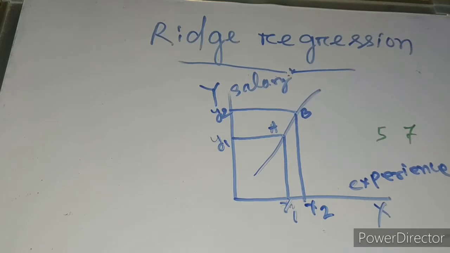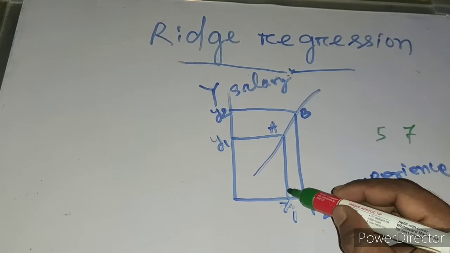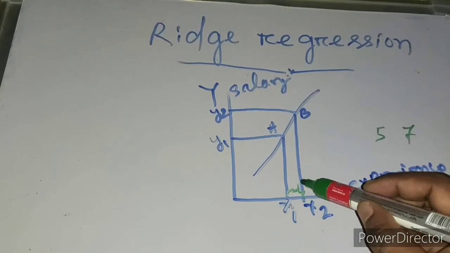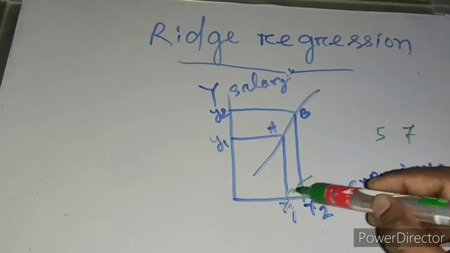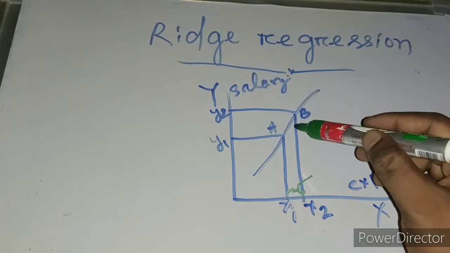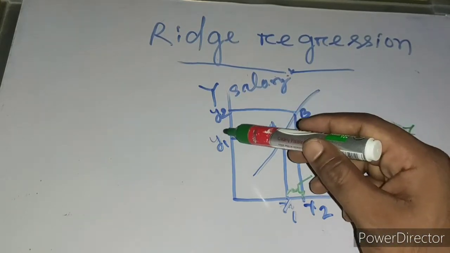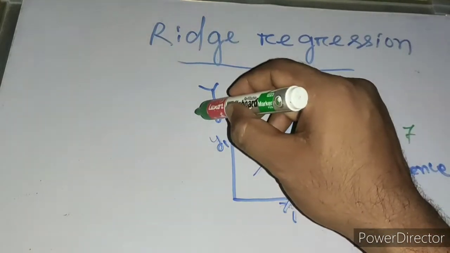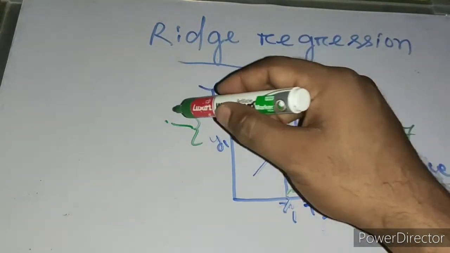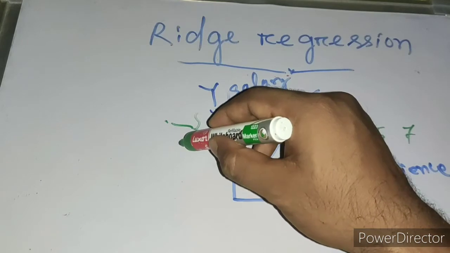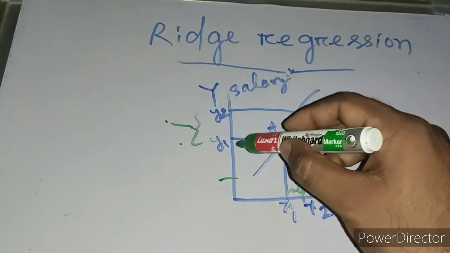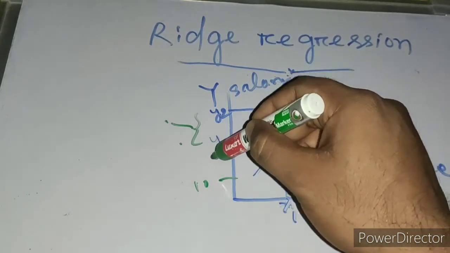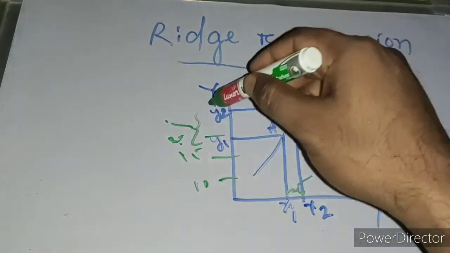In this scenario, a very little difference happens. The distance traveled from x1 to x2 is quite little. Corresponding to this x1 x2, the AB distance is quite higher, and the y1 y2 is quite higher. So a very small change in experience is costing a lot to the company, because the salary is quite high, here suppose 10 lakhs, 15 lakhs, 20 lakhs, 25 lakhs.